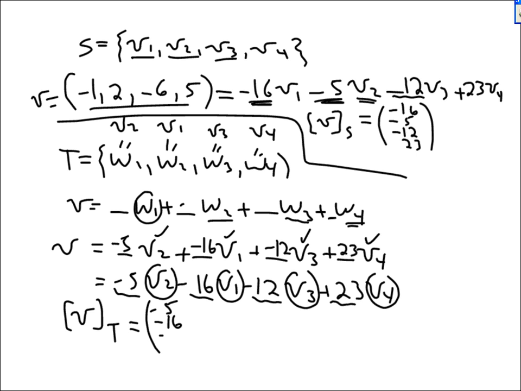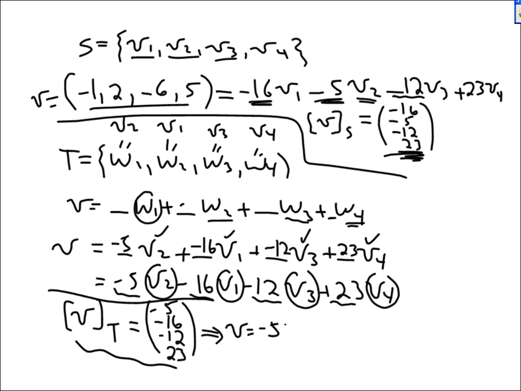Up to ordering, these are the same 4 numbers that we had over here. But the order matters, because if somebody gives you this, then that implies to you that vector V is negative 5 times W1, which I'll just write W2.